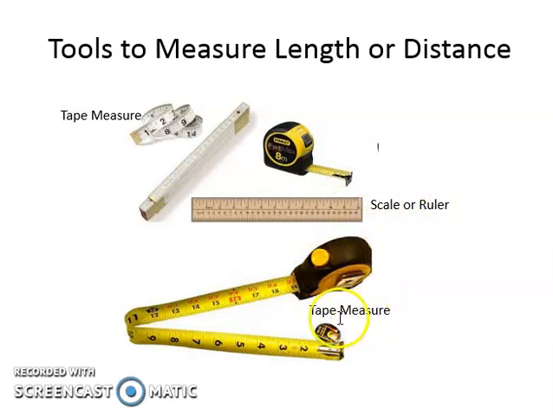Tape measure. Okay, this too is just the same. The white one is the same. You can only fold it. This one you can roll it. This one is a rolling type also, mechanically. So if you want to know your height, you can use any of those to measure your height.